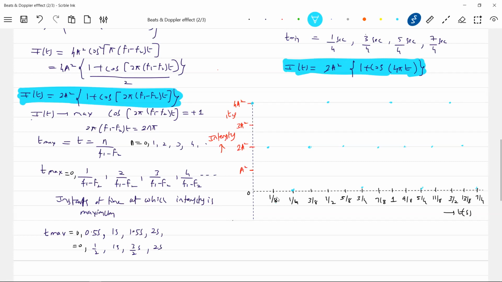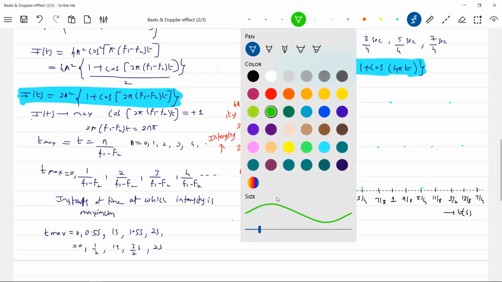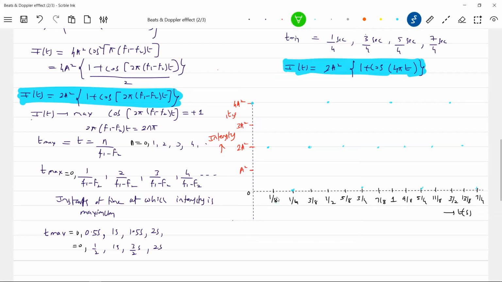Okay, let me join that curve. How will the curve be? It is sinusoidal. Don't put a straight line.